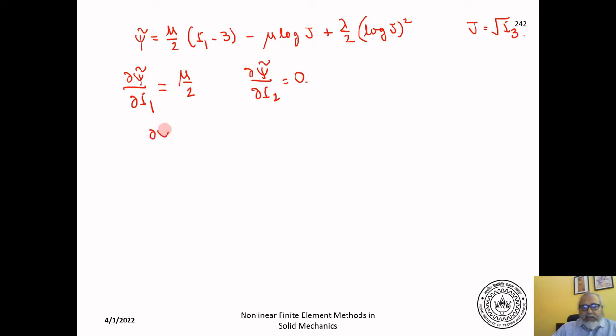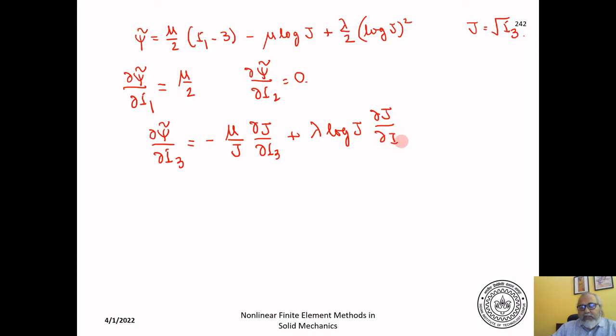And del psi hat del I3 is equal to minus mu by J del J by del I3 plus lambda log J del J by del I3. Again, del J by del I3, J is equal to root I3, so it is 1 by 2J. Plug that in.